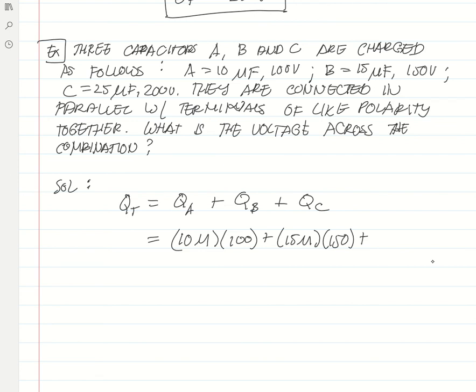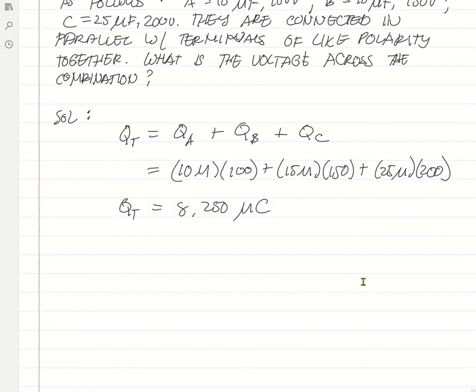Then for C, it's 25 microfarads multiplied by 200 volts. And this will be our total charge of the combination. So this is equal to 8,250 microcoulombs.